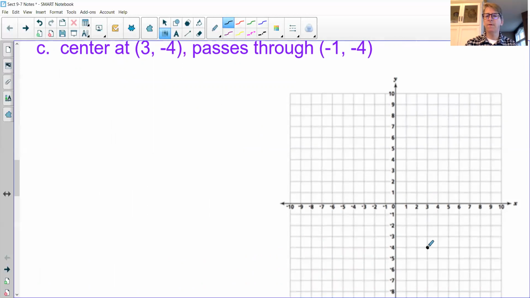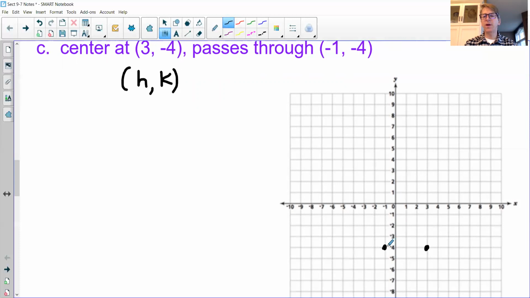Okay, so that's the center. And it says there that the circle passes through -1, -4 down here. So we are given that the center, the h, k, the h is 3, the k is -4.